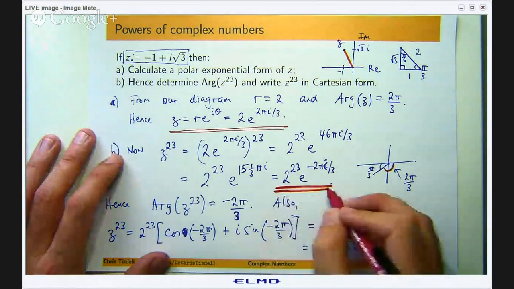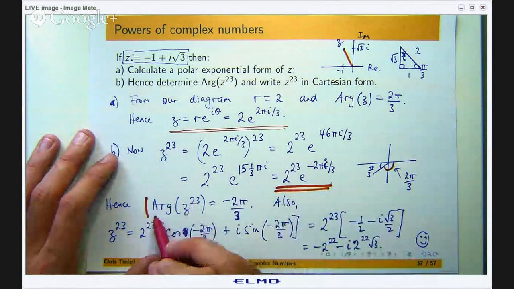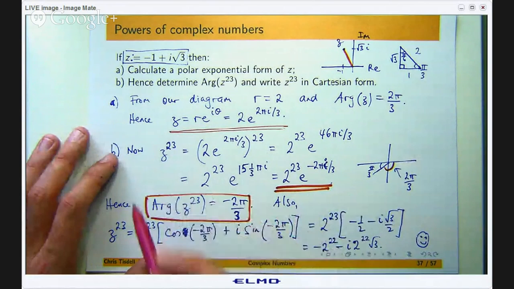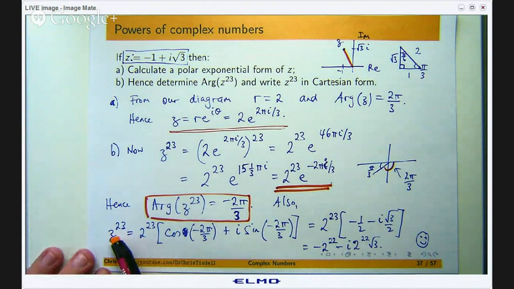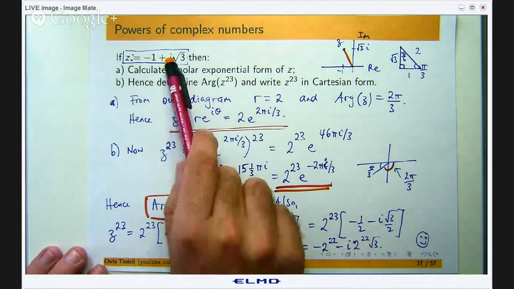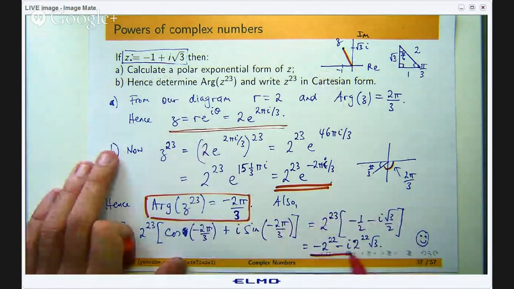Here is z to the 23, and then from that we could get the principal argument, which is always between negative pi and pi in these series. And lastly, we use the polar trig form to get back to the Cartesian form of z to the 23.